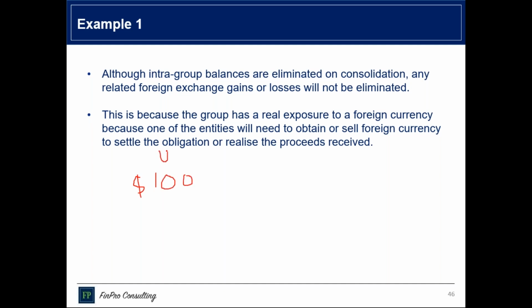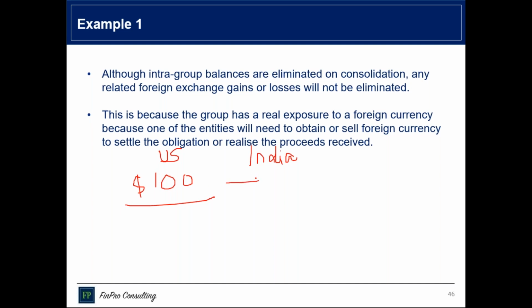So this is US and then this is India. In US books, US is preparing anyways under USD. So there is no foreign exchange gain or loss, realized, unrealized, nothing is there because it is the same currency.